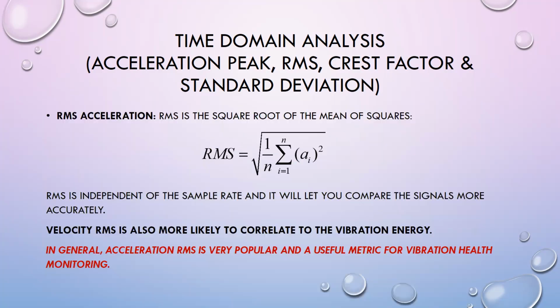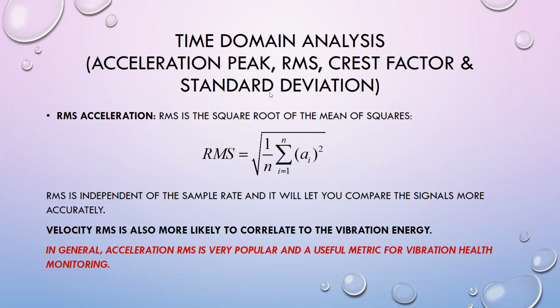The next one is the RMS. You can calculate the RMS for the acceleration, velocity, and also for the displacement, but we usually use the RMS in acceleration and velocity only. In the acceleration, you can use this formula. We have the data, so by substituting into this equation, you can calculate the RMS of your data, which is in fact the square root of the mean of squares.